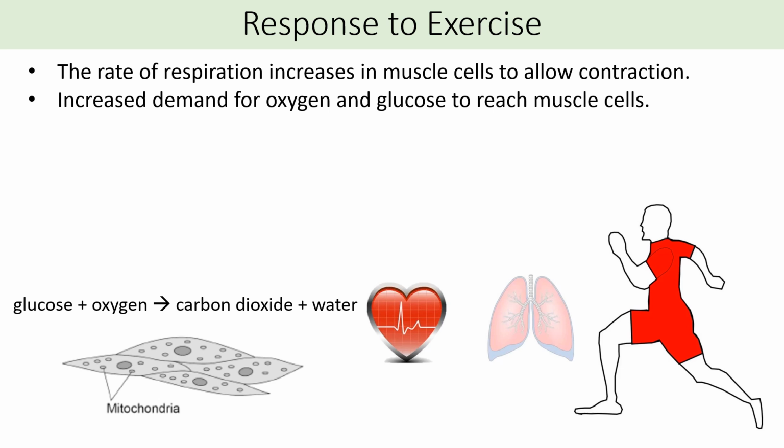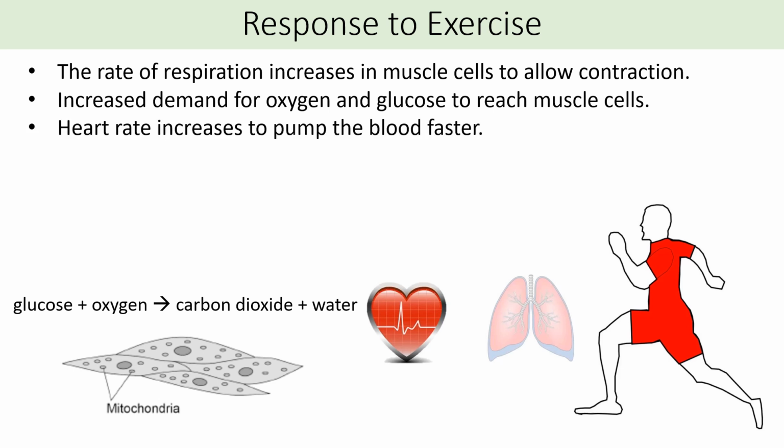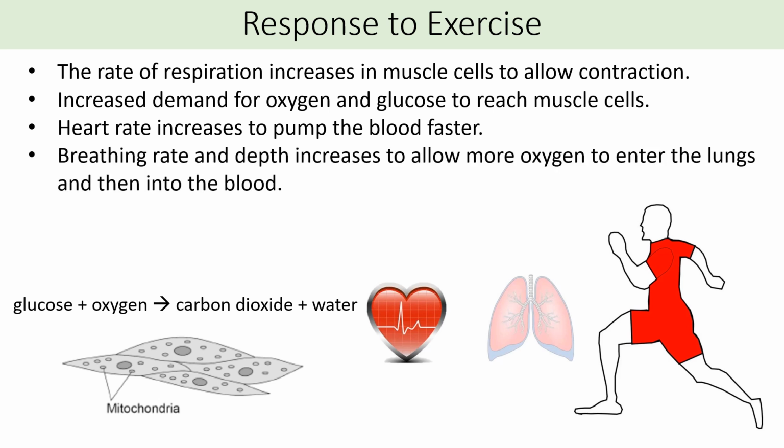And therefore, there's going to be an increased demand for oxygen and glucose to try and reach our muscle cells. So in response to this, your heart rate will increase. That means your blood will be pumped faster, and the breathing rate and depth will increase to allow more oxygen to enter the lungs and then be delivered to those muscle cells in the blood.